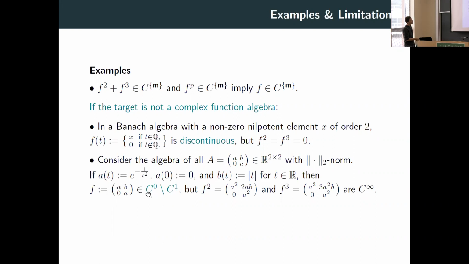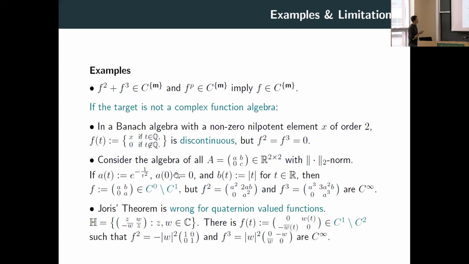This is a function which is continuous but not C^1 because of this term, right? But the square, if you compute, looks like this. And here the flatness of this factor makes the square flat. And the same for the cube. So f squared and f cubed are C infinity, although the function itself is not C^1.